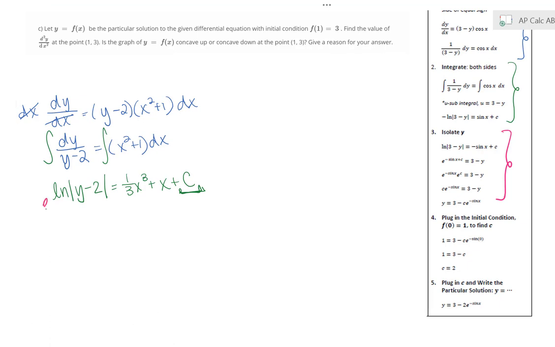I'm going to exponentiate both of these sides, so that will cancel with that natural log, and I'm left with the absolute value of y minus 2 equals, I'm going to separate these two out, so I'm going to leave this e to the 1/3 x cubed plus x, and I'm going to be multiplying that by e to the c. Remember, my log rules state that if I'm adding things together in the exponent, I can break that up into multiplying.